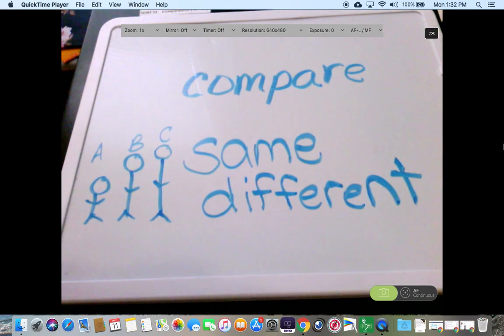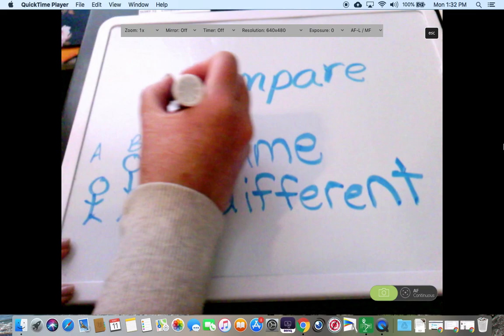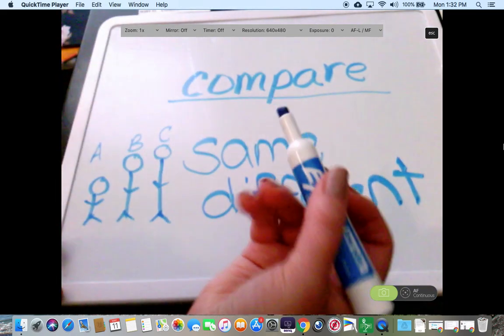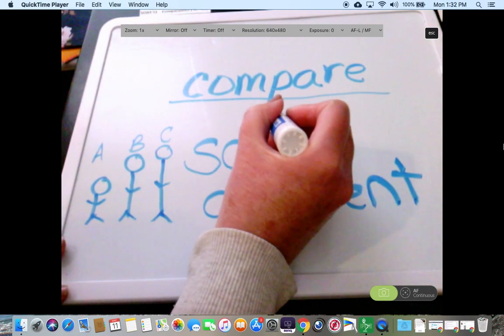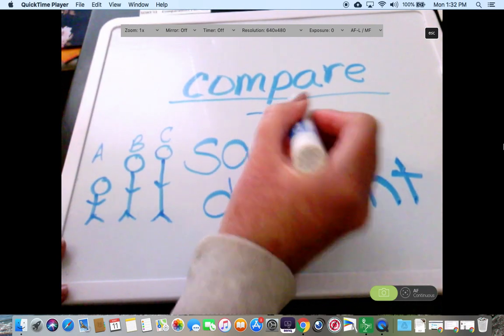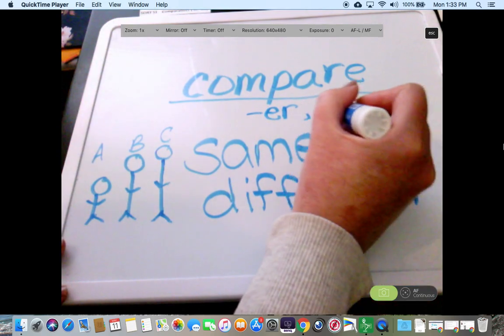And that's what we're going to be talking about today: when you're spelling, reading, or writing a word using comparison, you will often add ER if you're comparing two things, or EST.